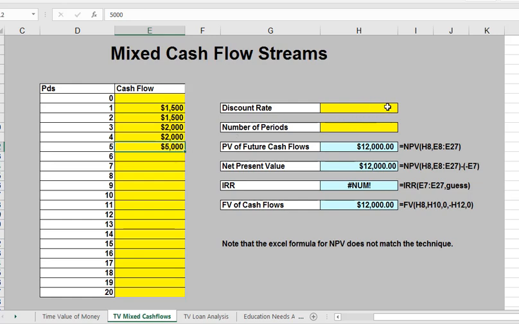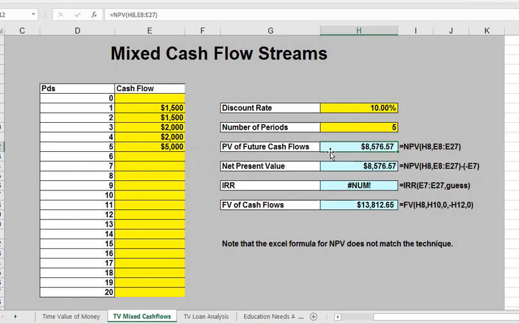What we need to identify then is the discount rate, or the required return on this particular investment. Let's say it's a 10% discount rate, and of course, we have 5 years of cash flows. If we look now at the answers, we can talk about something called the present value of future cash flows.